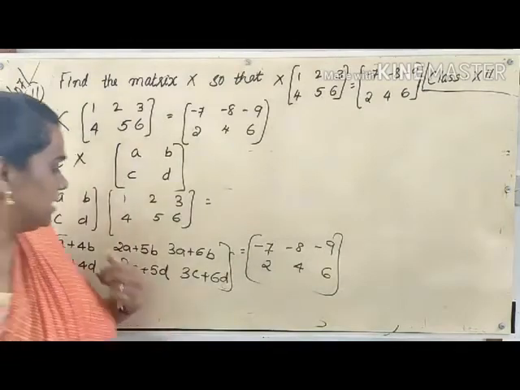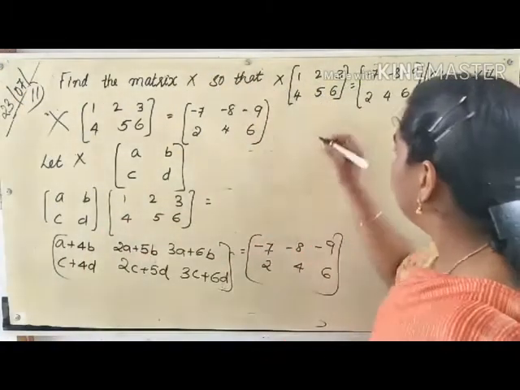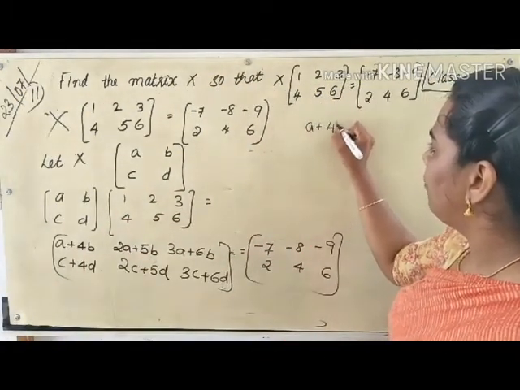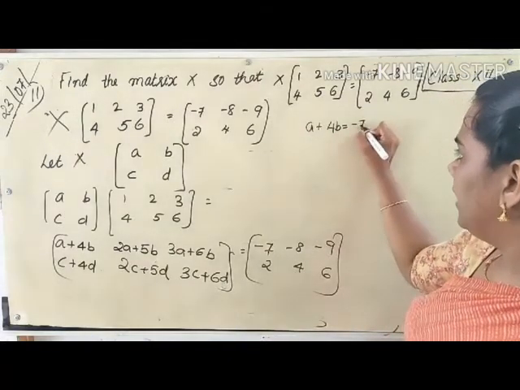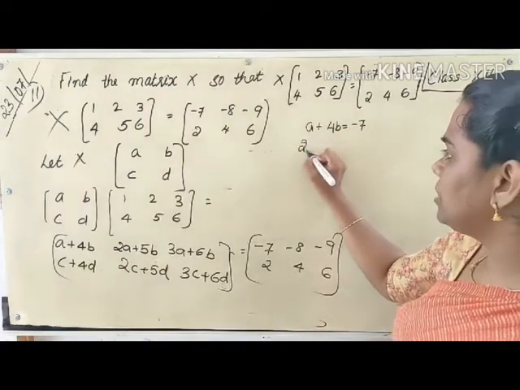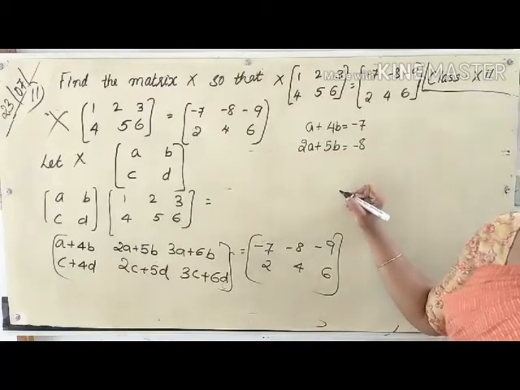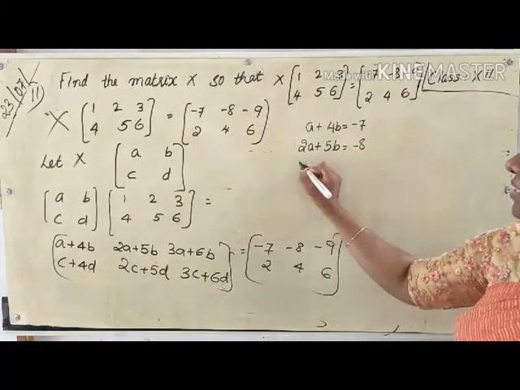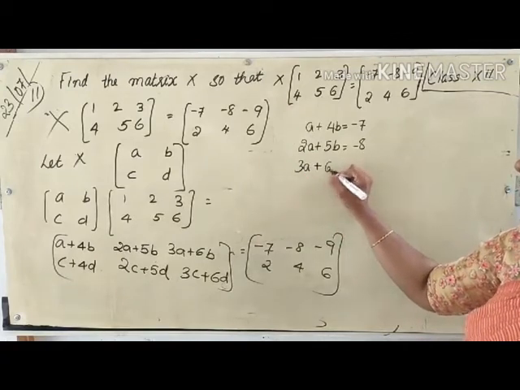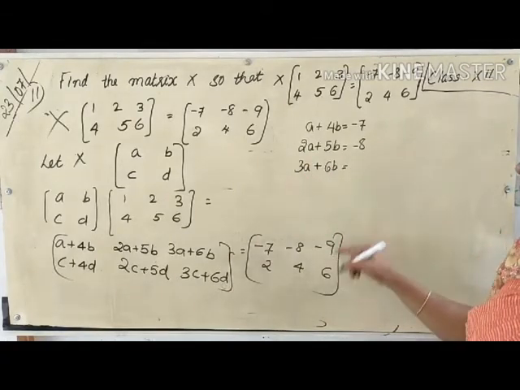Okay, now let us equate. Then from that A plus 4B is equal to minus 7, and the second equation 2A plus 5B is equal to minus 8, and next equation 3A plus 6B is equal to minus 9.